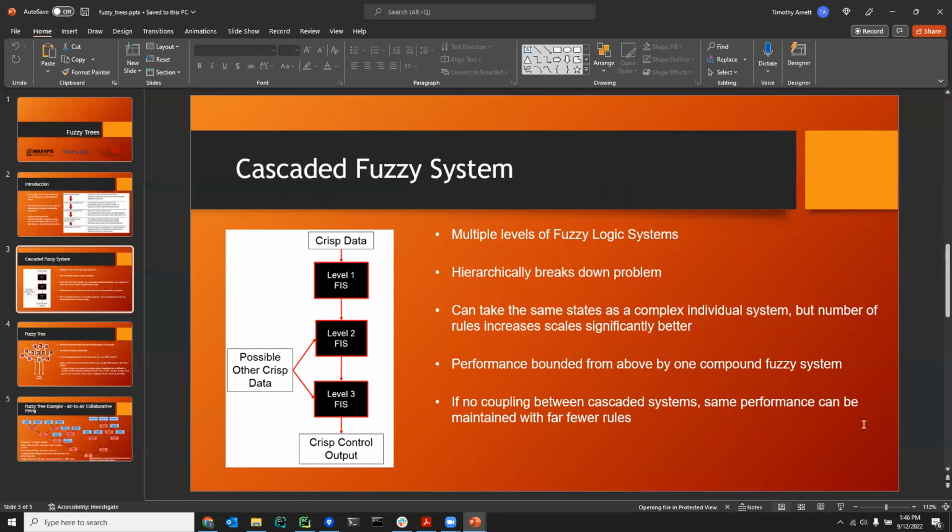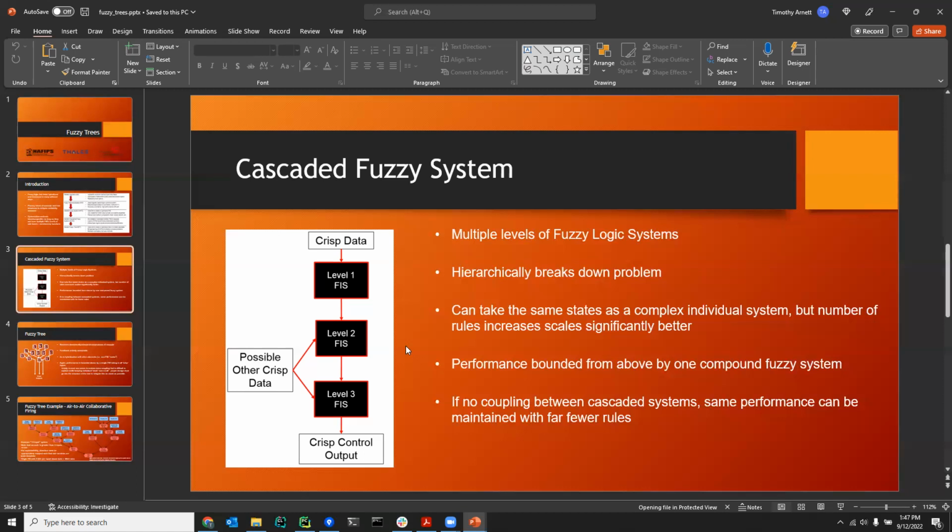The benefit of this is if you have a large number of inputs, it really decreases the number of parameters that you have to specify in terms of the rule bases. However, the performance is bounded from above by a single fuzzy system that takes in all of the inputs to one FIS. However, you may not have the same approximation capability per parameter. So in general, cascaded systems are more efficient at finding approximations per parameter than a single FIS, and even more so for a fuzzy tree.